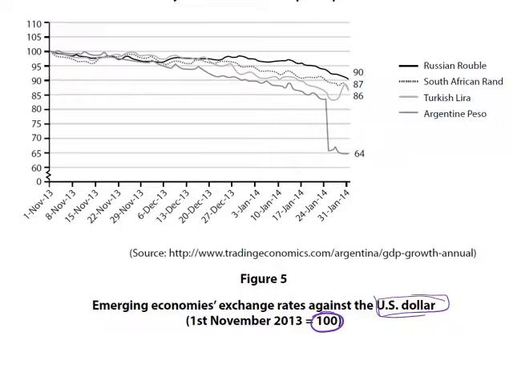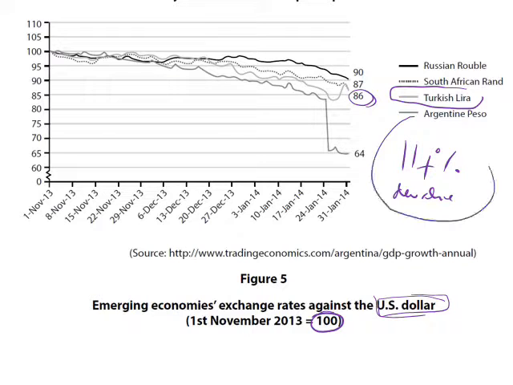We're just looking though for the Turkish lira, and the Turkish lira is this currency here, and it's saying at the end of that period it's at 86. So we have a fall of 14%, which is the key application that we can get from that. If you want it to be a little bit more specific, it ends up a little bit higher than its lowest point, but that's the main bit of application for that figure.